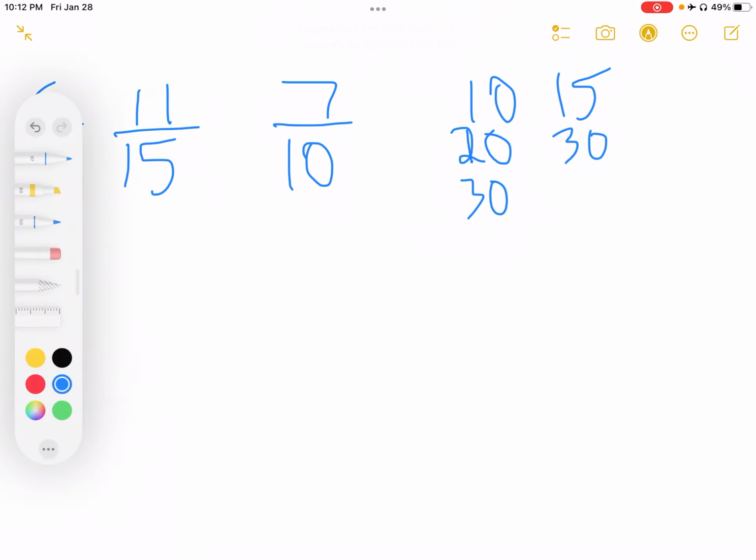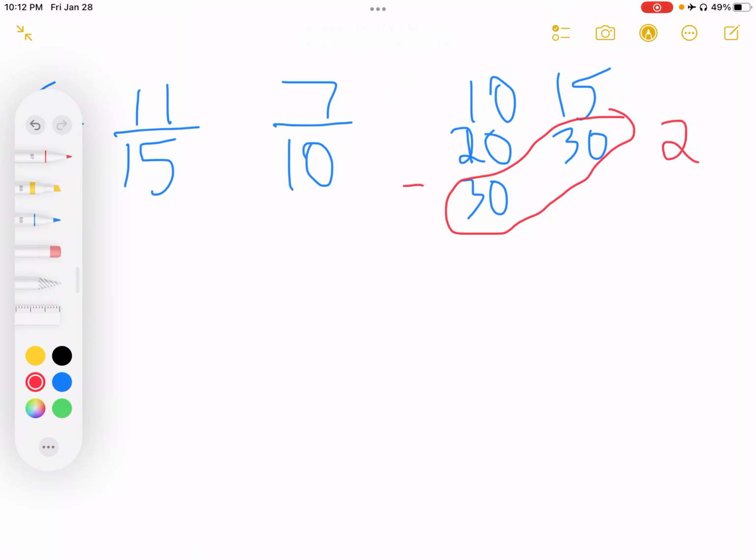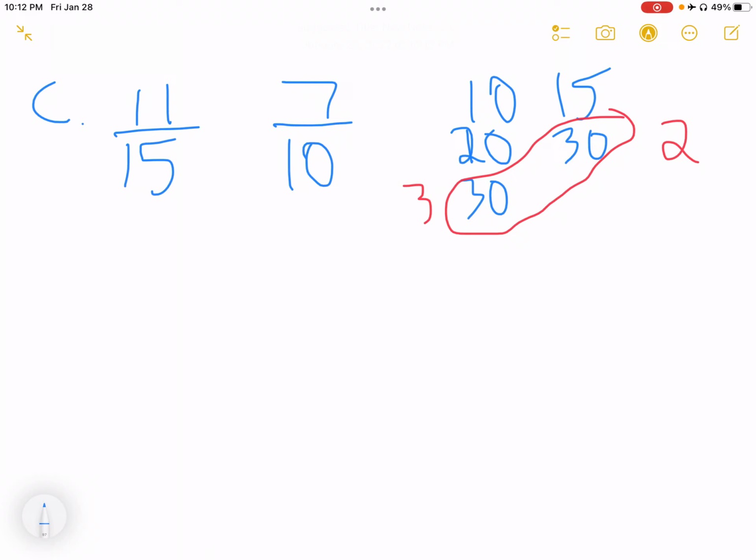So 30. Then we were doing this before, we were just going to circle this. Okay, we found it, right? And then for this one right here, this is the second multiple, and for this one, this is the third multiple. So then we'd want to multiply this first fraction by 2 over 2, and then multiply this second one by 3 over 3.